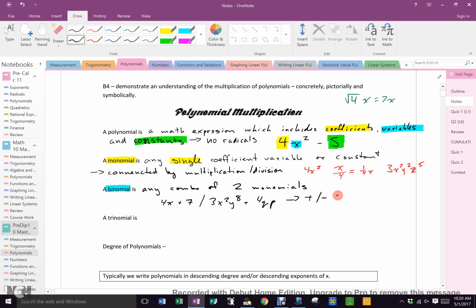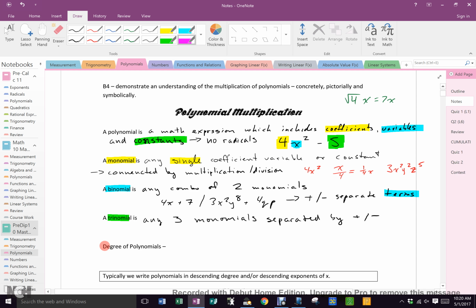Adding and subtracting separate what we call terms. Trinomial, any 3 monomials. Separated by what? Separated by adding or subtracting. Everybody cool? Easy peasy.